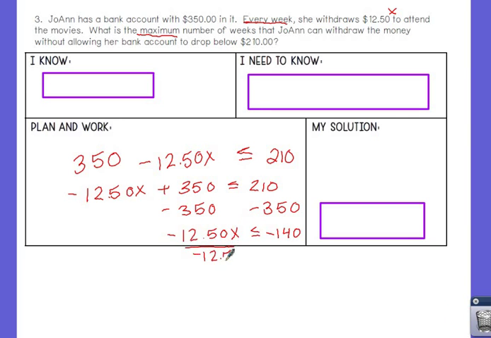Divide by negative 12.50. I'm dividing by a negative, so what happens? Oh, got to flip the sign. Divided by a negative. What is a negative divided by a negative? Positive. And I need to calculate this.